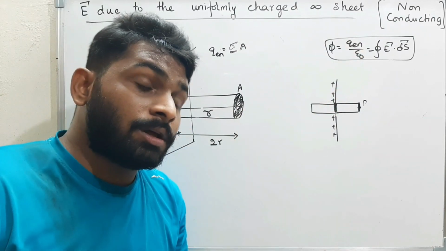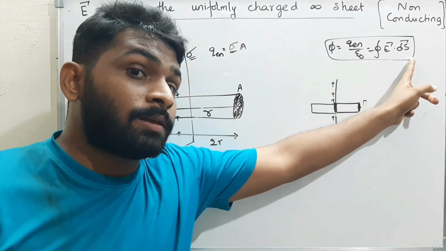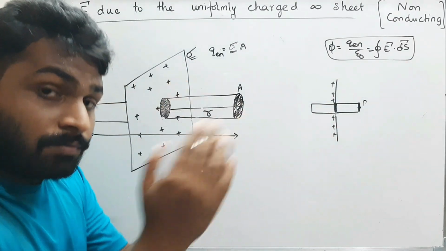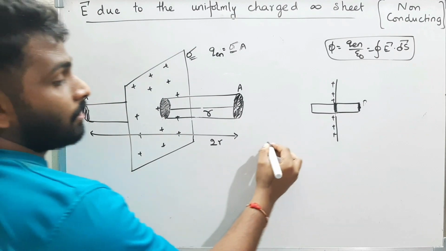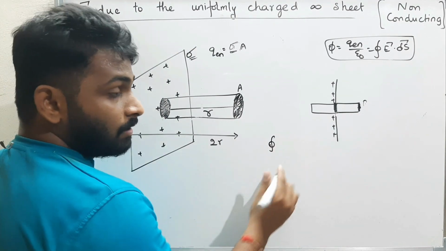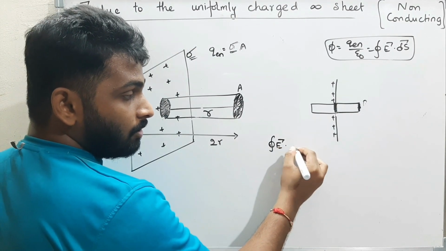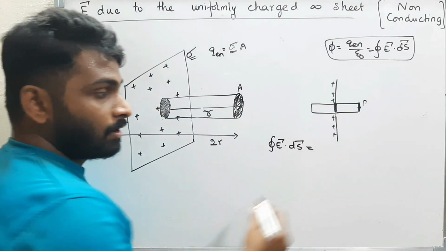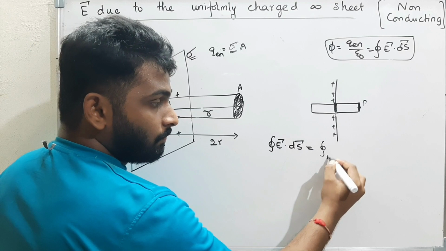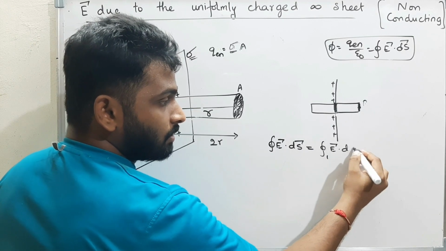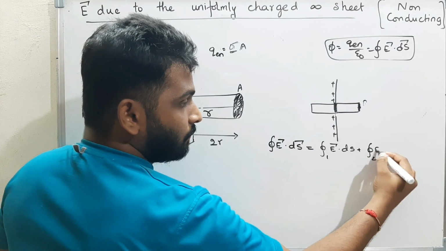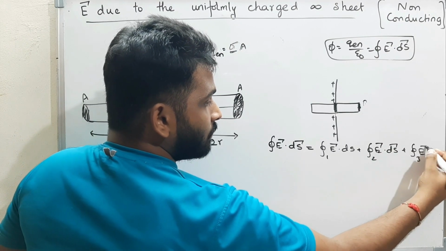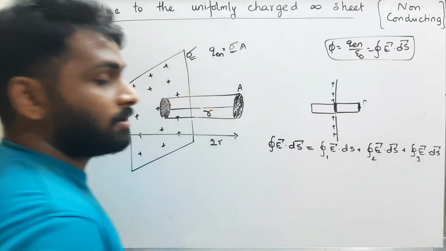Next, what I have to find? I have to find the surface area of the Gaussian surface. Now, what is the surface integral of E bar dot ds bar? Observe carefully. It is the surface integral over the first surface, plus the second surface, plus the third surface of E bar dot ds. What is the first surface?